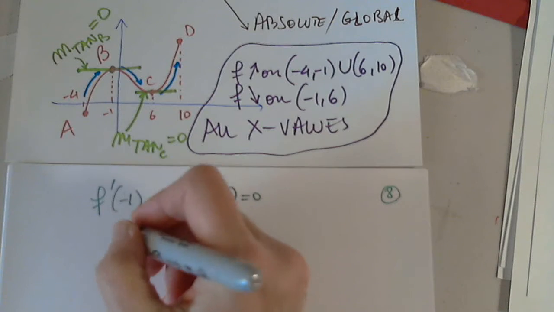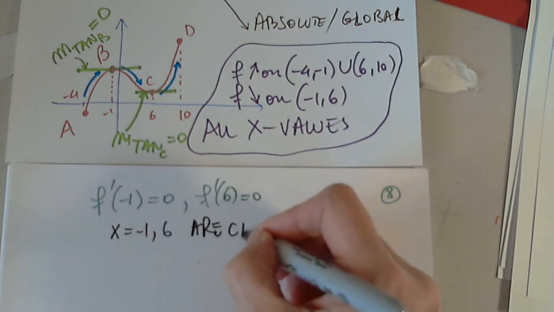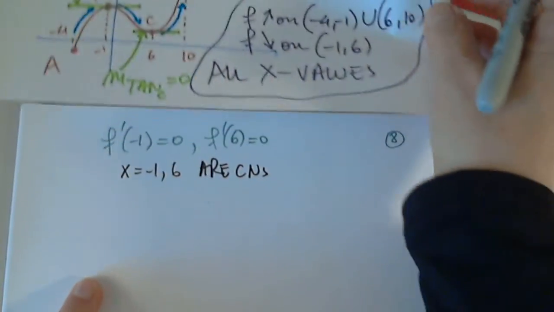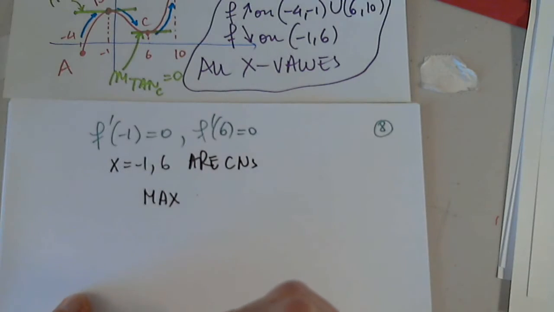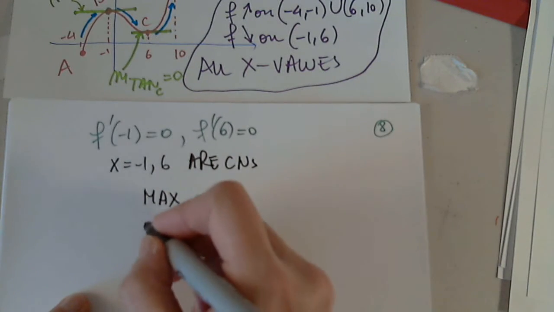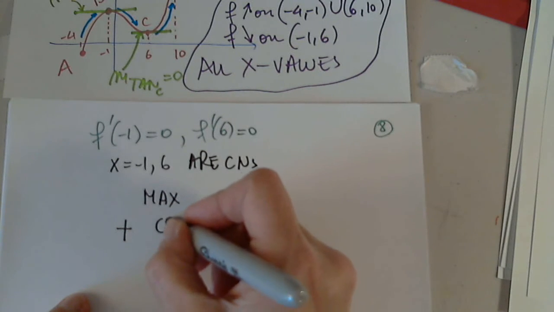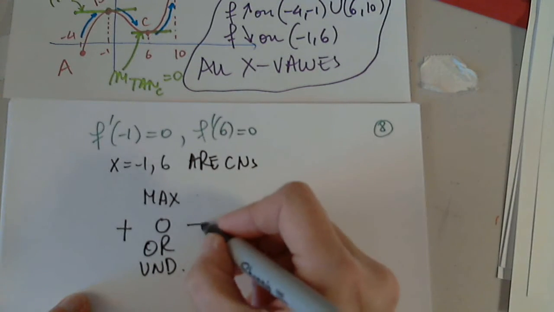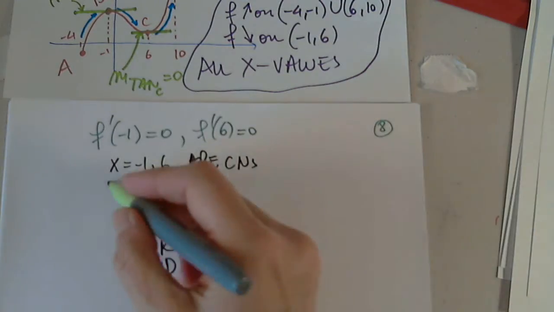So it also means that x equals -1 and 6 are critical numbers for sure. But it also means that the function, in order to have a maximum, f prime has to go from positive values to 0 or undefined to negative. This is the condition for a maximum.